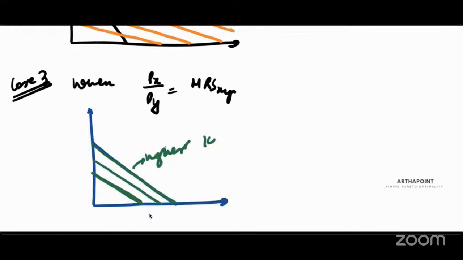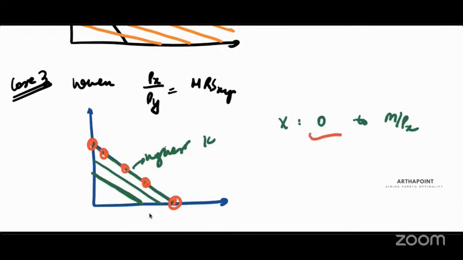And when I am on the budget line, my X can be anything between 0 to its maximum value. I can consume a point here where I'm only consuming X, a point here, a point here, or a point here where I'm not consuming X at all, where X is 0.